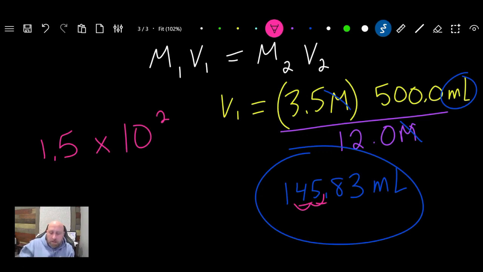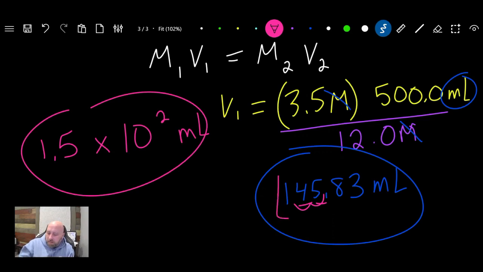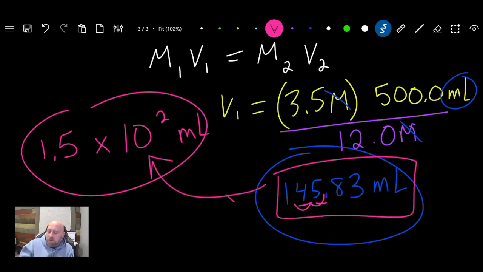There we go. That would be your answer, and that's in milliliters. So these are basically the same answers. This is more in scientific notation. This would be more in mathematical notation. So just remember how to convert to scientific notation, how to round off, and do all that good stuff that you need. So there's another example of basically the same thing, but that's the technique that you would use.